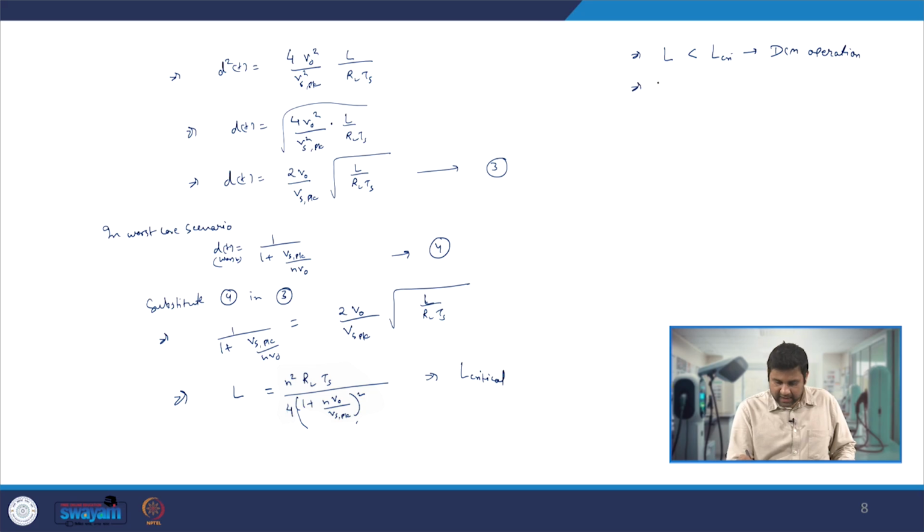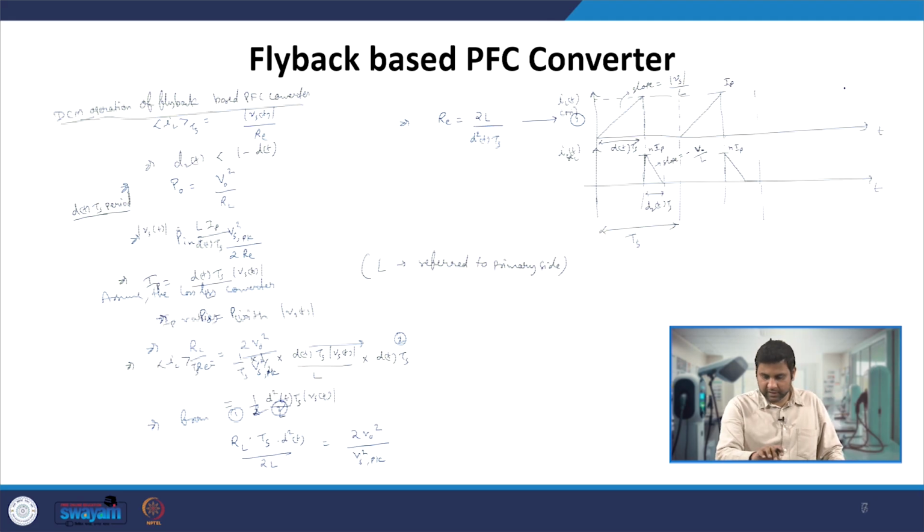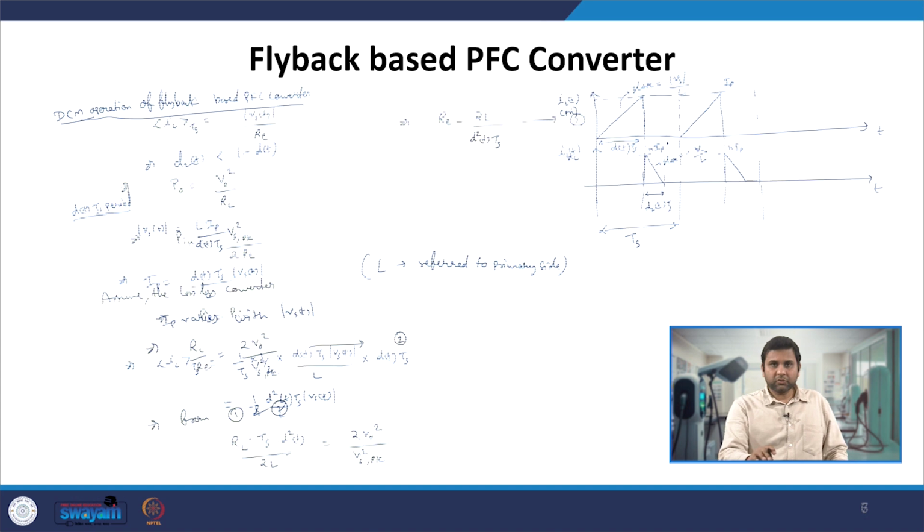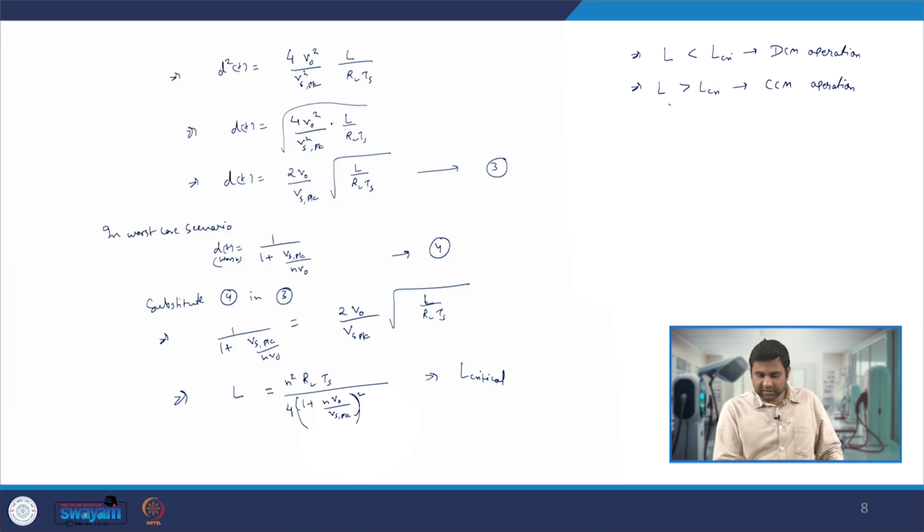And if my L is greater than this L critical, then there will be CCM operation, because the current will not fall back to 0. So we must ensure that L has to be less than L critical for the DCM operation, and L has to be greater than L critical for the CCM operation.